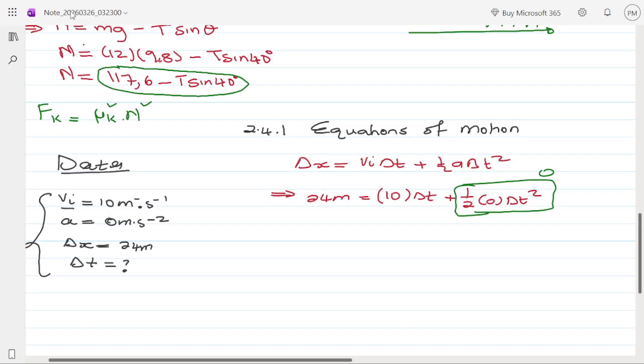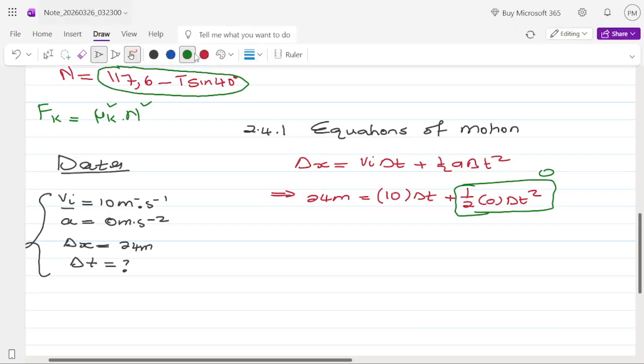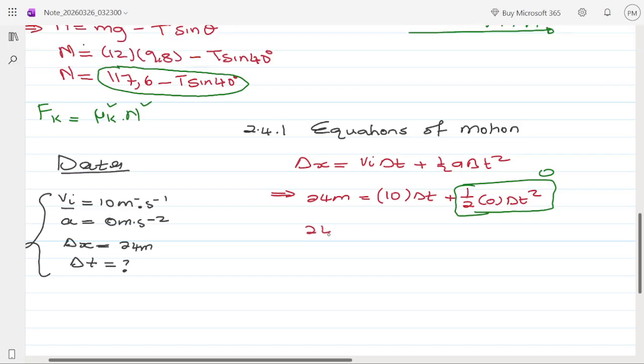So when we work this out, what will be the final answer? I'm going to have 24 meters equals, let's not include the zero term, 10 delta t. Divide both sides by 10 because we are looking for time. Then what is delta t equal to?